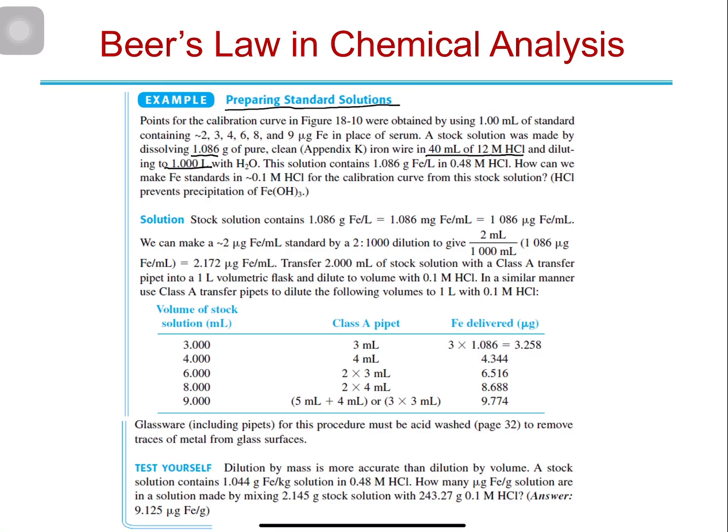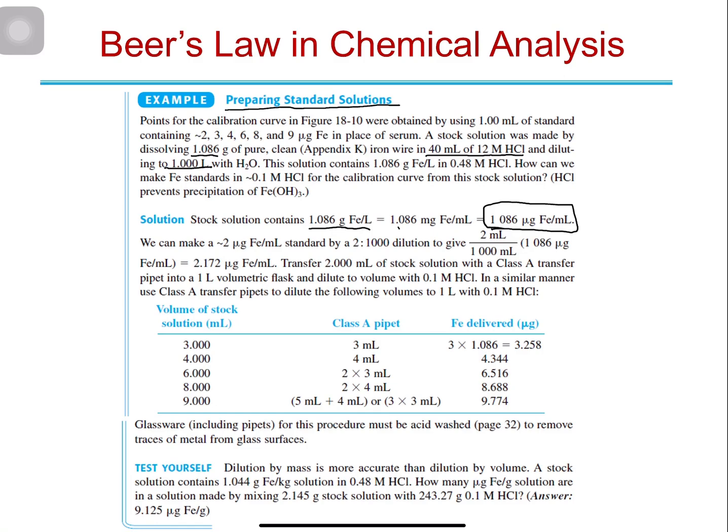And the stock solution concentration now is 1.086 gram iron per liter, or if you want to change this into milligram, it will be 1.086 milligram iron per milliliter, or 1086 microgram iron per ml. So this is the concentration of the stock solution, as how many micrograms are there per ml.